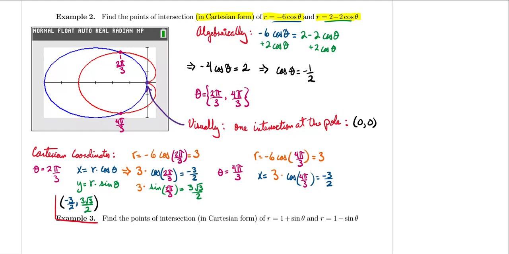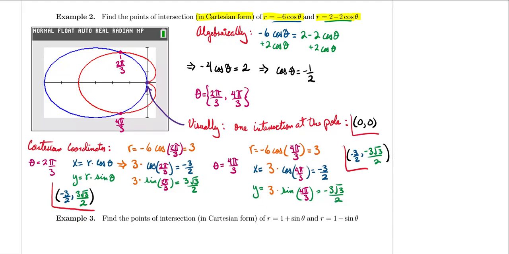And for the y value, we're going to get 3 times the sine of 4π/3, which is equal to -3√3/2. And this should give us our second intersection, or technically our third if we're considering the pole. So we're going to have here (-3/2, -3√3/2). And there we go. These here, guys, are our 3 intersections that we're observing between the 2 curves.